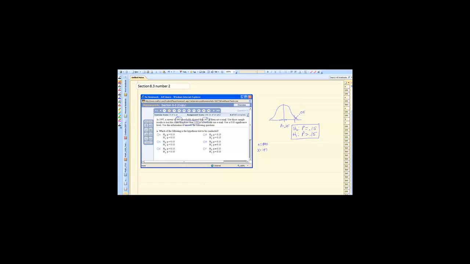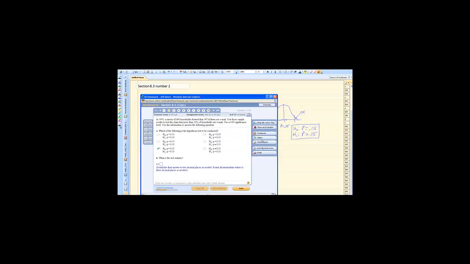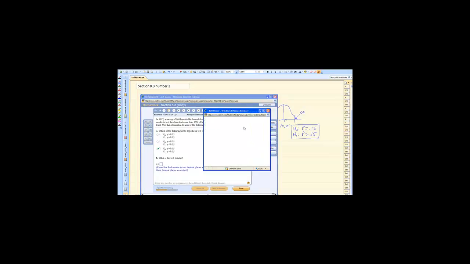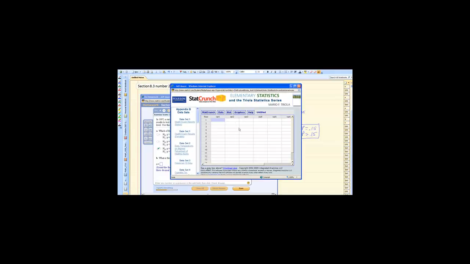We can very easily find our test statistic using StatCrunch. So we'll push stat, proportions, one sample, with summary. Our number of successes was 147. The number of observations is 840.